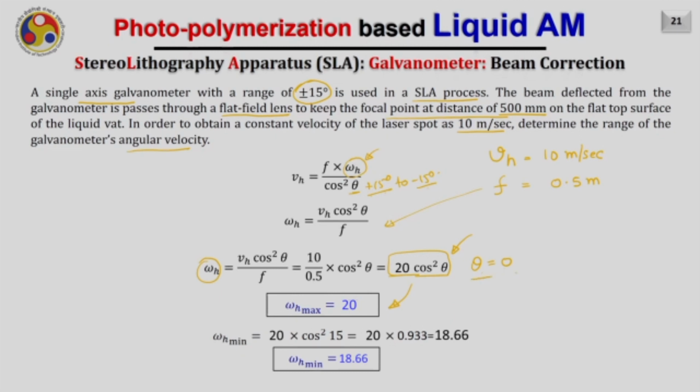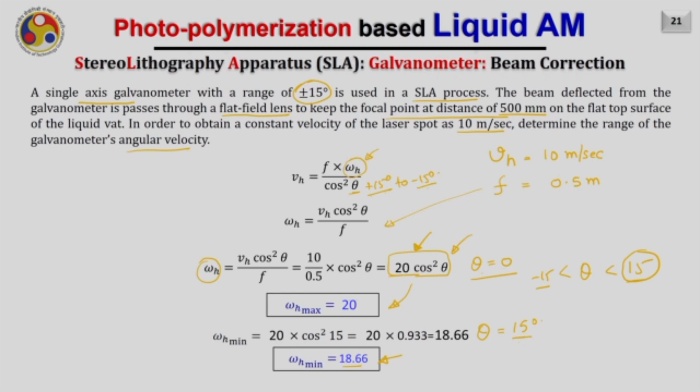Now, the range of theta is greater than minus 15 and less than 15, so either I put minus 15 or plus 15, cos theta will give me the same value. Therefore, I am putting just 15 and hence I will achieve the minimum value of this function. So, the minimum value will be achieved at theta equals 15 degree and hence the omega minimum will be 18.66.